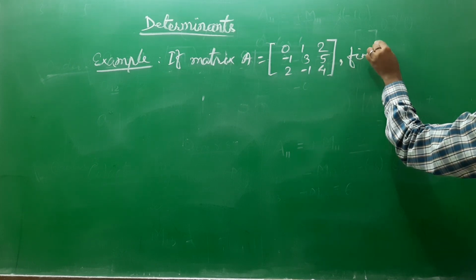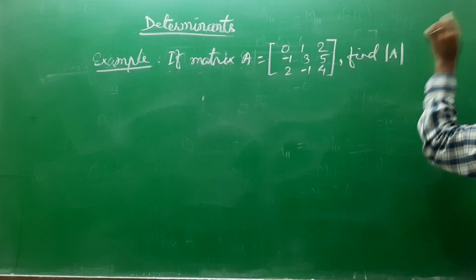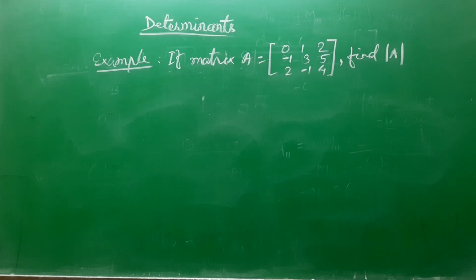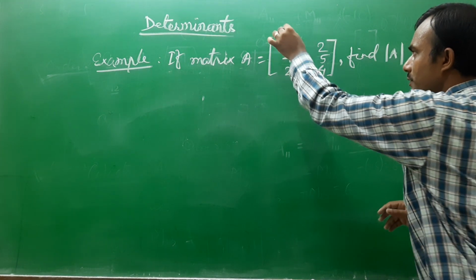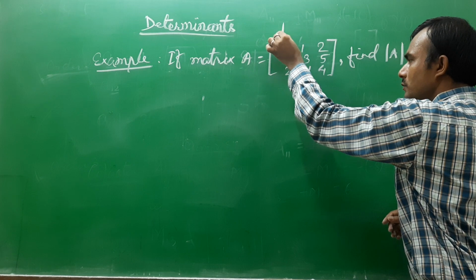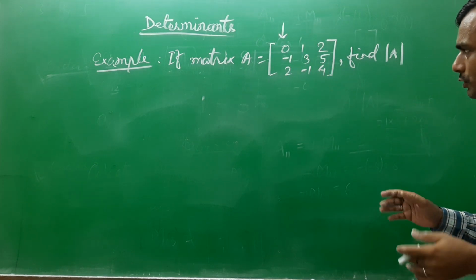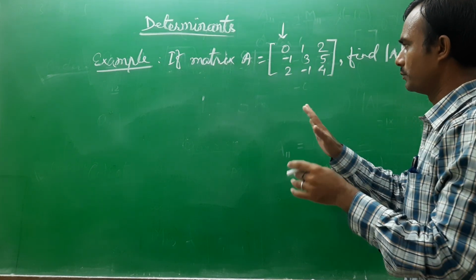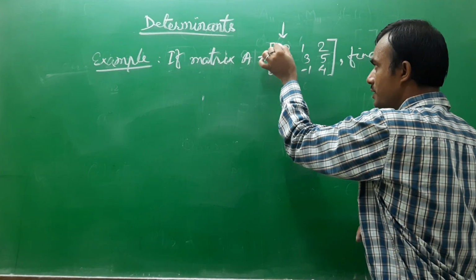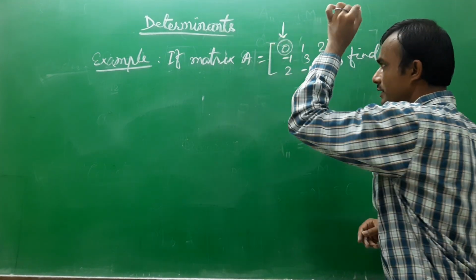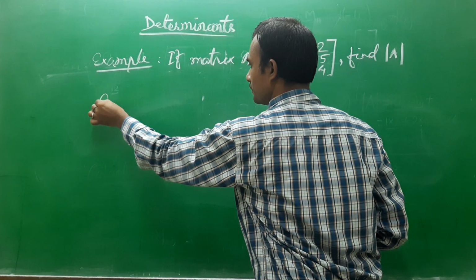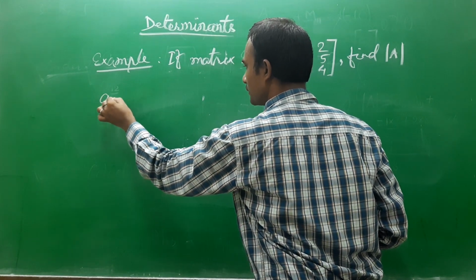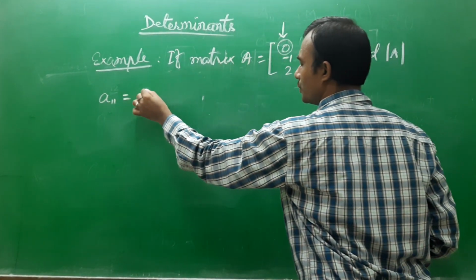Find the determinant of A. Now here I am selecting the first column. You have to select any one row or any one column. First column, this is A11. The first element is 0.